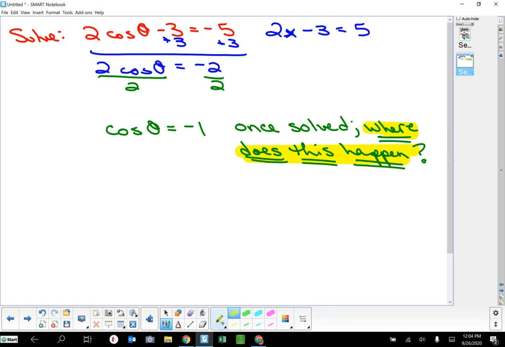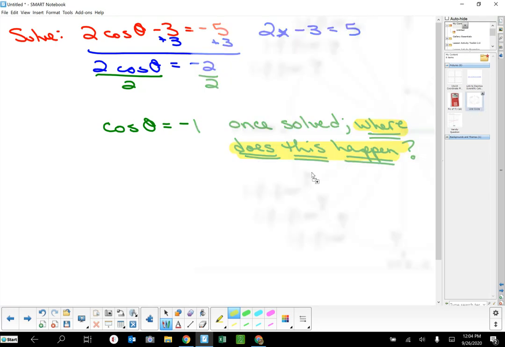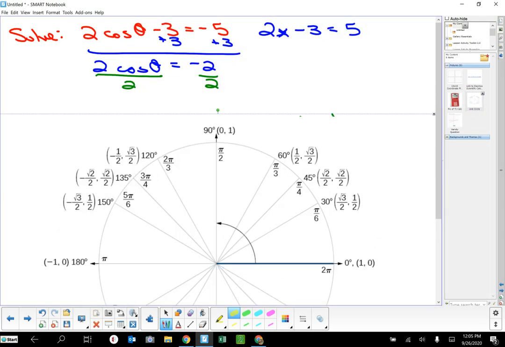So you can take a look at, actually, let me pull in a unit circle. It's going to take a little second here. Let me push that down the page a little bit. I need an arrow.